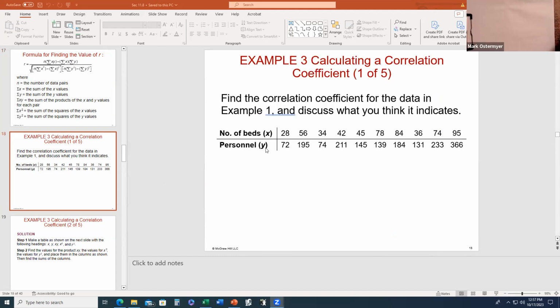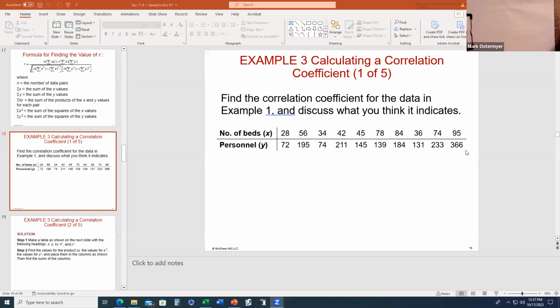Okay, let's try to find the correlation coefficient of this ordered paired data set. In fact, this is the same data set, which was the number of beds in a hospital versus the number of employees the hospital had. Remember, we remarked about the correlation of this data set by looking at a scatter plot.